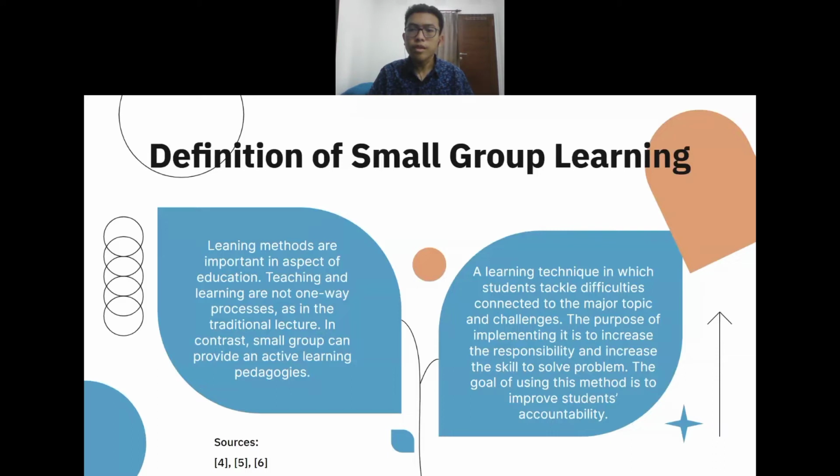The goal of using this method is to improve students' accountability for what they learn in an enjoyable and non-threatening way. On the other hand, the small group discussion model can make students able to handle the problems relating to the main topic as well as difficulties encountered in real life. For the next speaker, the floor is yours.